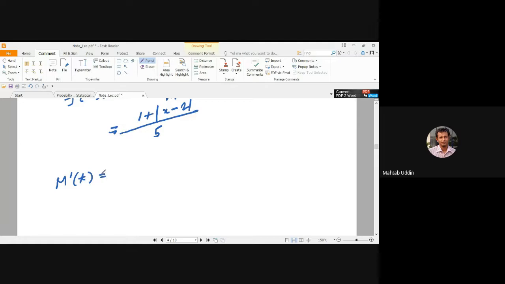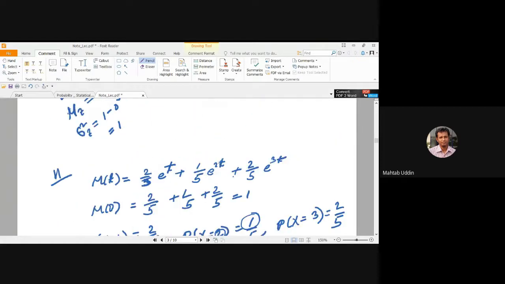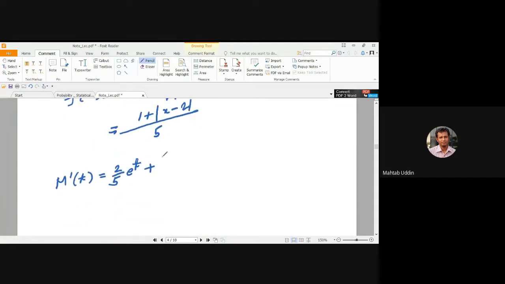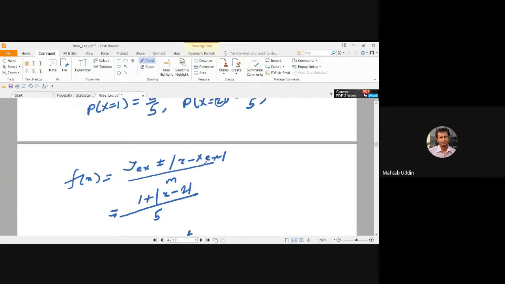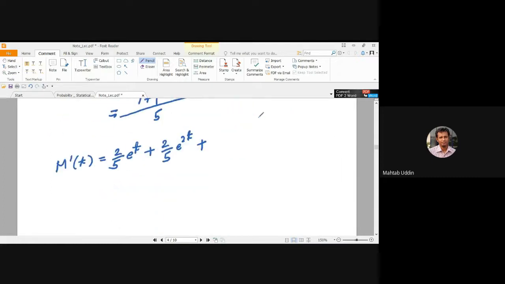We'll get 2 by 5 e to the t, then plus the coefficient will come, 2 into 1 equal to 2, so 2 by 5 e to the 2t, plus here 3 into 2 equal to 6, so 6 by 5 e to the 3t.